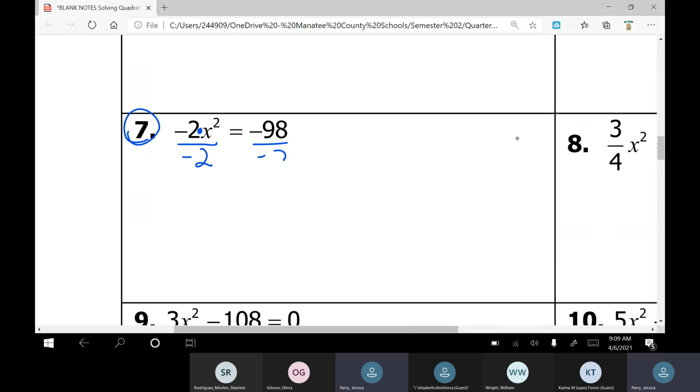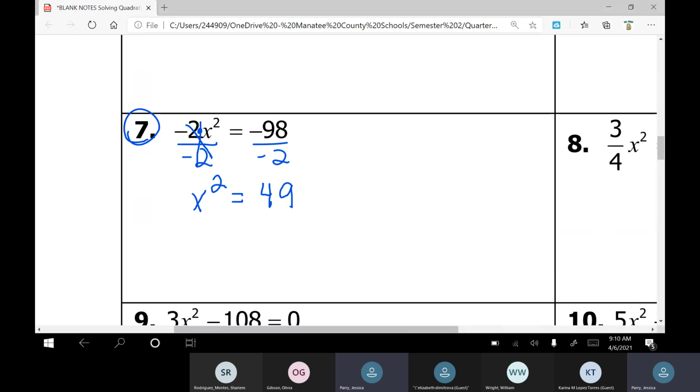Divide by negative 2. So those negative 2's cancel out. Here's my x squared, here's my equal sign. And then we divide negative 98 by negative 2. Negative divided by negative is positive, and 98 divided by 2 is 49. Now I have the x squared isolated.